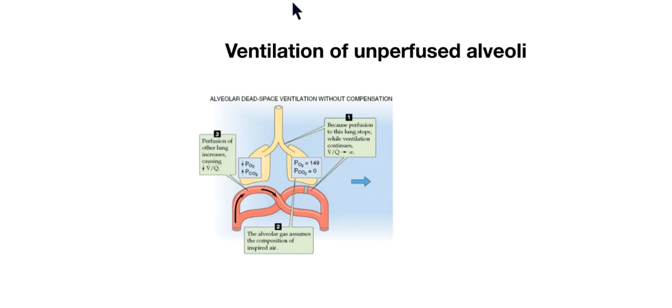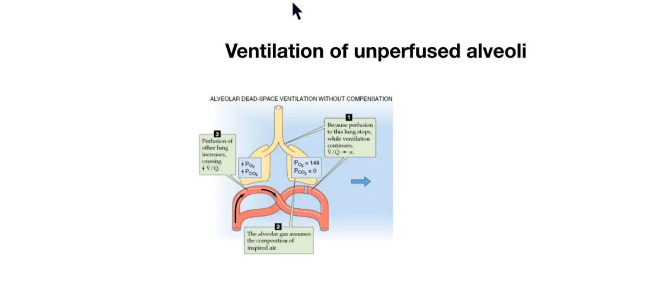The blood that's coming out of the right side is still coming out at the same cardiac output as the left side of the heart. So if it can't go through those vessels, it's going to be diverted to the other part, which means you're going to have a higher perfusion of the well-ventilated, healthy lung that is actually able to participate in gas exchange.